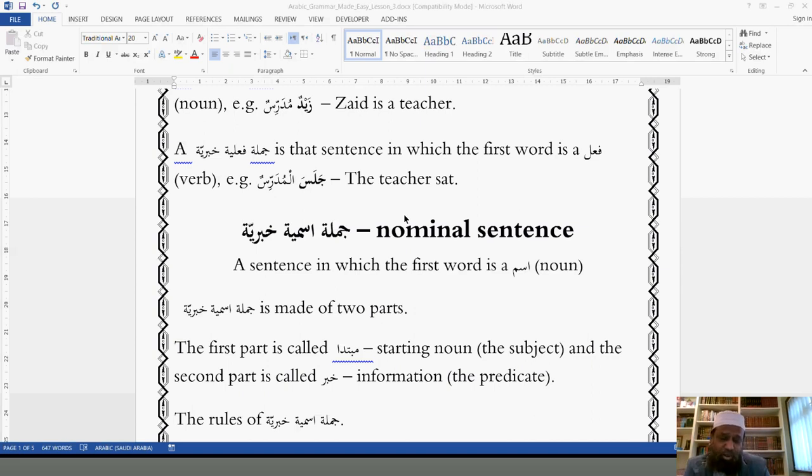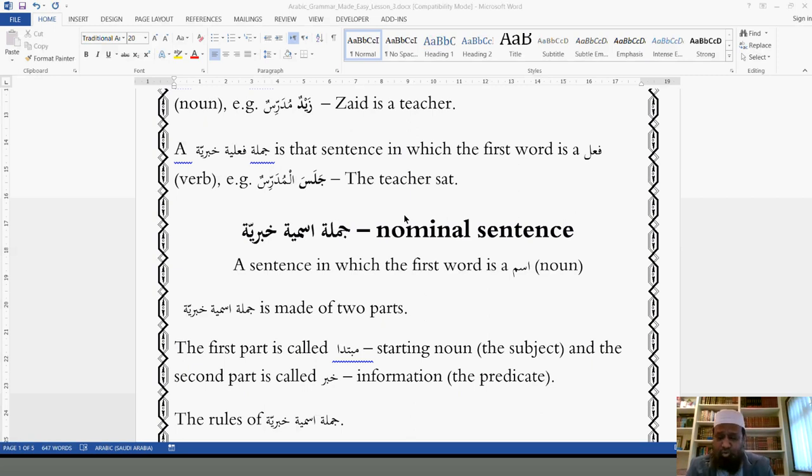With the Khabar, you're giving information about the first word, which was the Mubtada. It is called the predicate. That's it. These are the two things you need to make Jumla Ismiya: Mubtada and Khabar. Mubtada comes first, Khabar comes second or last.